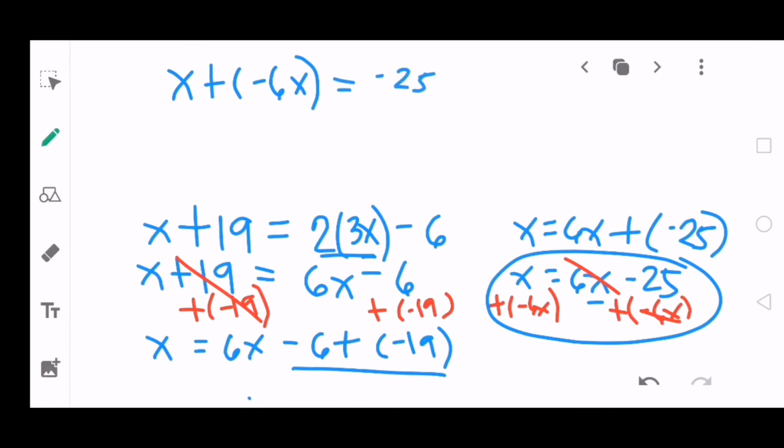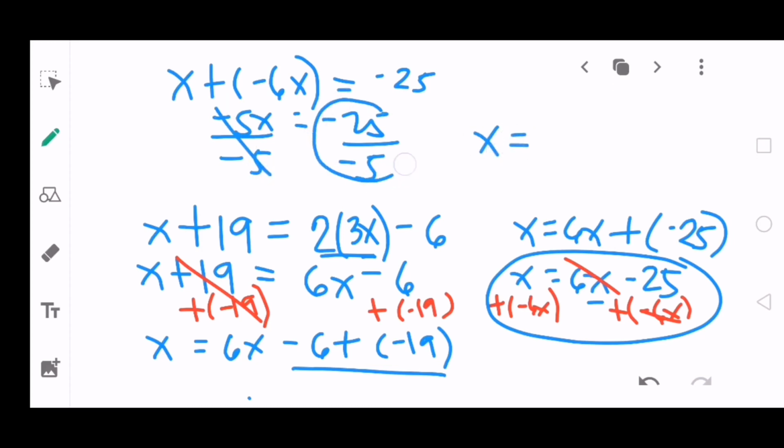That will be x plus negative 6x is negative 5x is equal to negative 25. Divide both by negative 5. That will give us x is equal to positive 5.